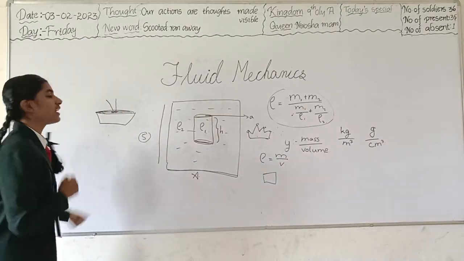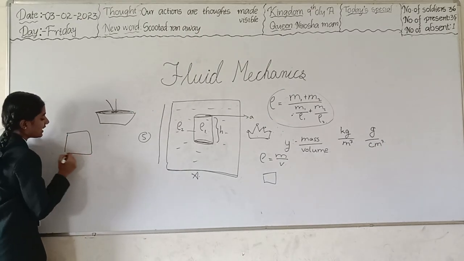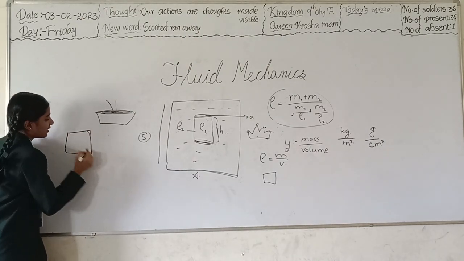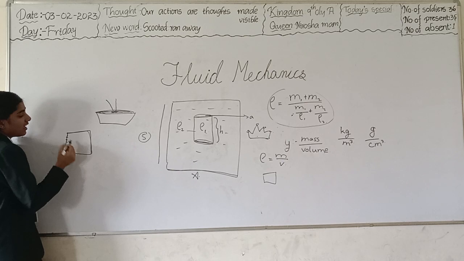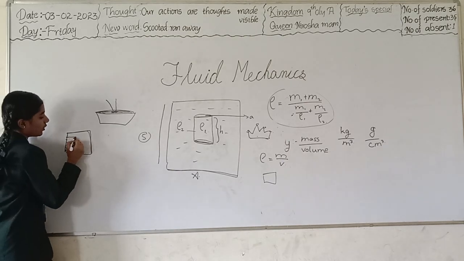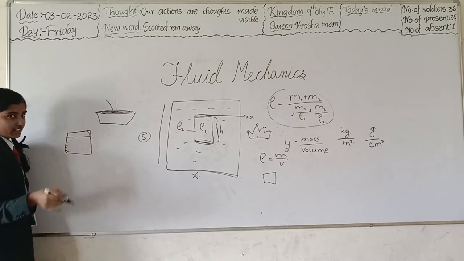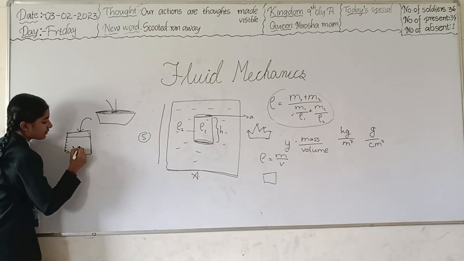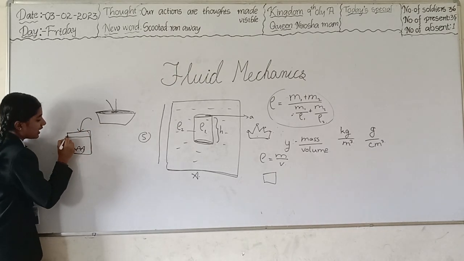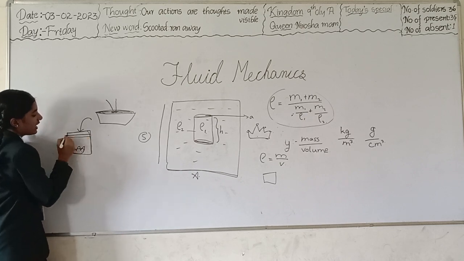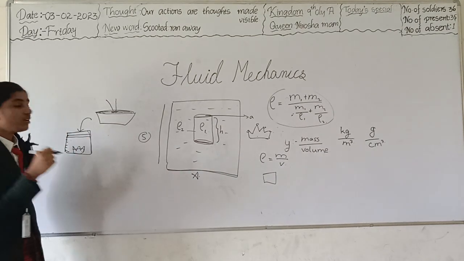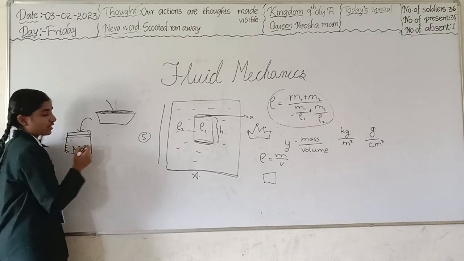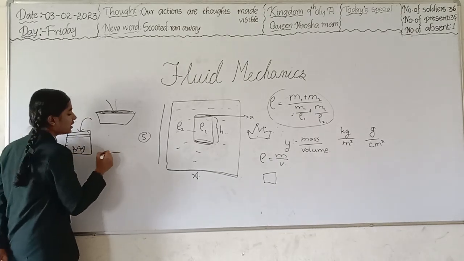So the next day he came to the kingdom very happily and brought a big measuring beaker with him, and he measured the water at the initial state. Then he added the crown into that, and the water rose to a certain level. He measured that. Now he found the volume of the crown.